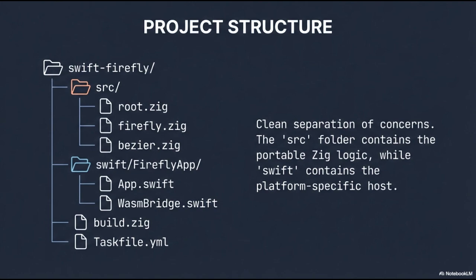Conversely, the Swift directory houses the platform-specific host code, featuring the main application entry point and a WASM bridge to facilitate communication between the Swift frontend and the Zig backend. At the root level, build.zig manages the Zig compilation process, while the task file handles automation for various development workflows. This architecture maintains a clear boundary between core functionality and platform implementation.